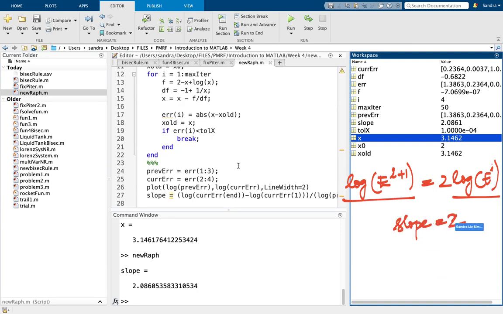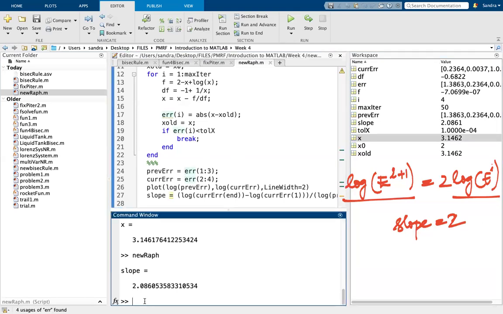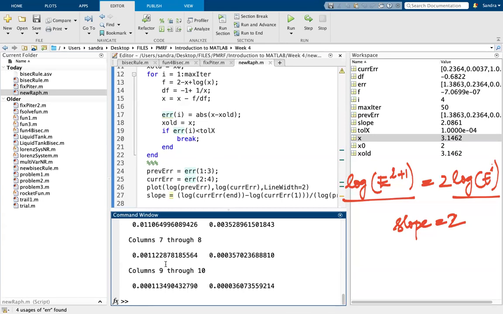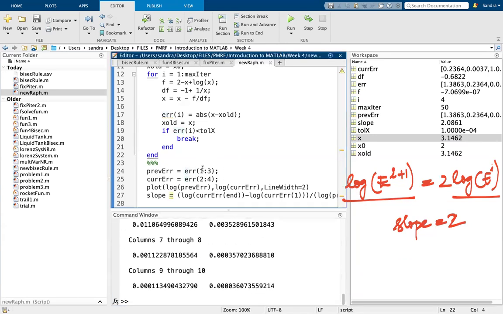That's exactly what we're doing here in the code. In the error, you can see this is how the error looks. It has like some 10 iterations or something, but I'm only going for the first 4 iterations. My first errors are iterations 1, 2, 3, and corresponding to that, E_(i+1) will be 2, 3, 4. Now I plot the log of the previous iteration versus the log of the current iteration.